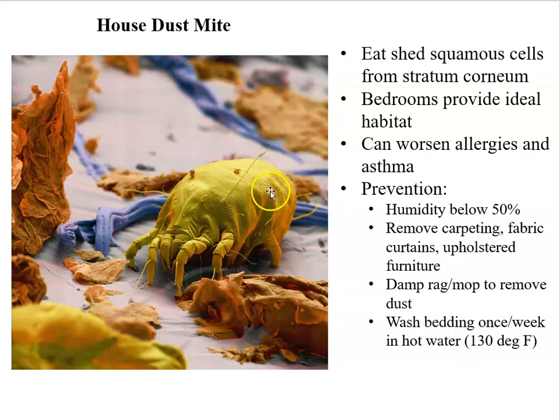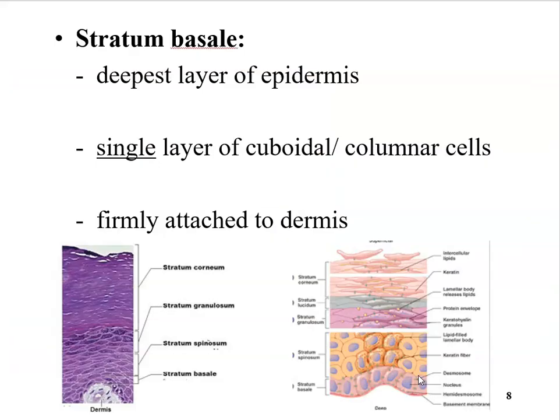They are quite small, so you can see that these are squamous cells. So if a cell is that big, well, the mite isn't much bigger than that. So that's our stratum corneum way up at the top. The stratum basale is at the bottom, next to the basement membrane, so the deepest layer of the epidermis. And it's exactly the opposite.